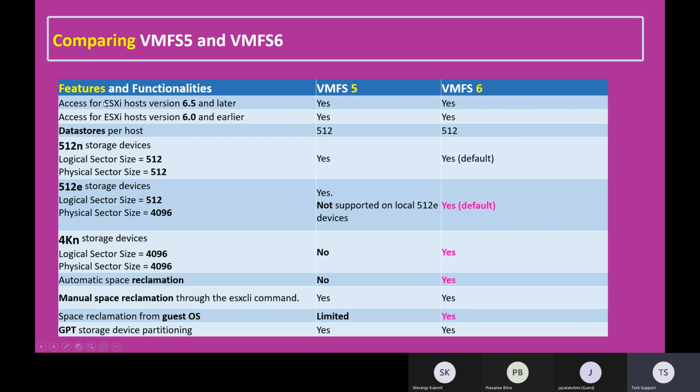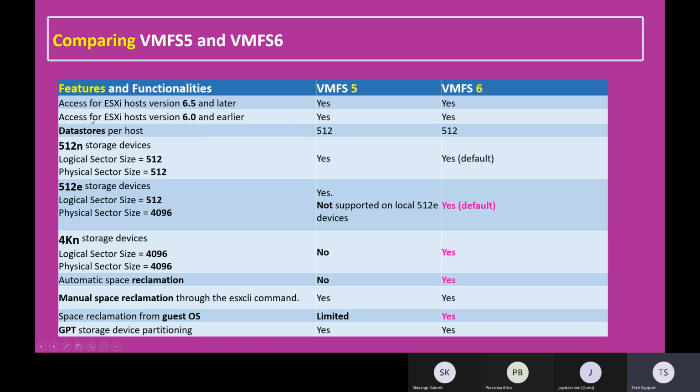Let's talk about them one by one. The features and functionalities: the first point, access for ESXi host version 6.5 and later. 6.5 and later means 6.5, 6.7, 7.0 and 7.0 Update 1, 2 and 3. All these ESXi host versions you can format with either VMFS 5 or VMFS 6.